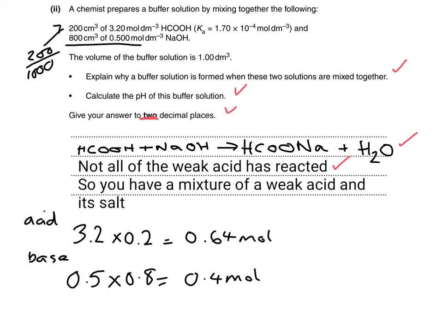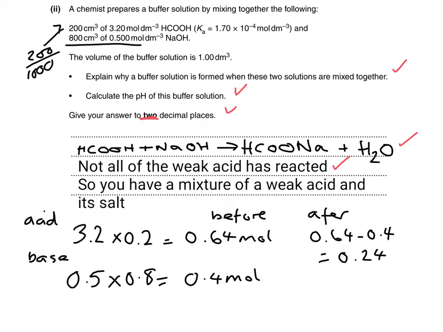So after the reaction, after they've been mixed, so this is before, afterwards we're going to have 0.64 minus 0.4, giving me 0.24 moles of acid.